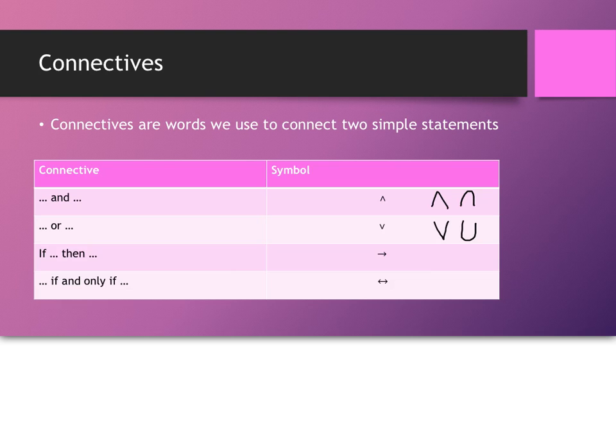So where the intersection and the union were U's, here we have V's, kind of. Now an if-then statement is going to be denoted with an arrow. So one thing is causing the other. If this happens, then this will happen. A is causing B here. And if and only if goes both ways. There's arrows on both sides. So A causes B and also B causes A.